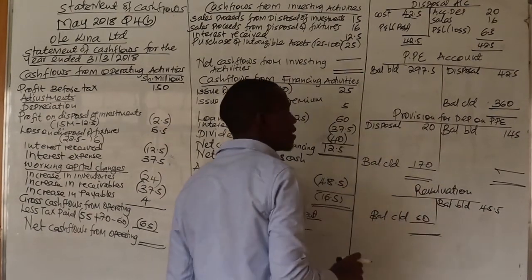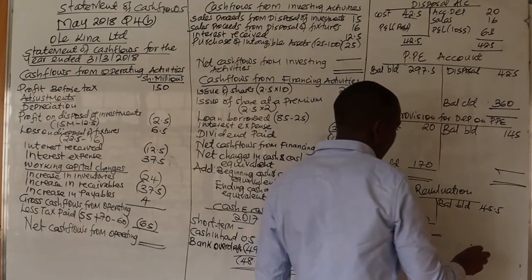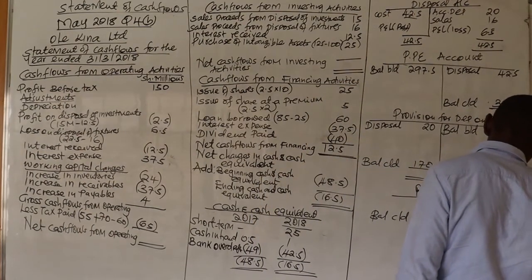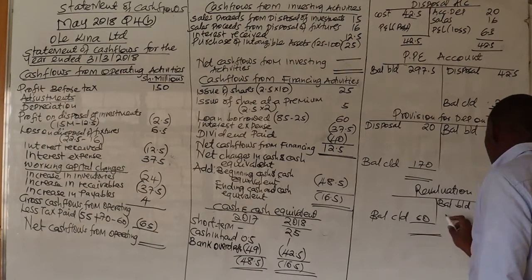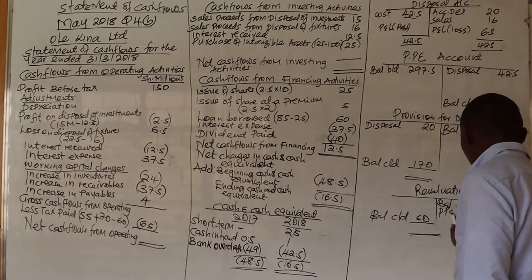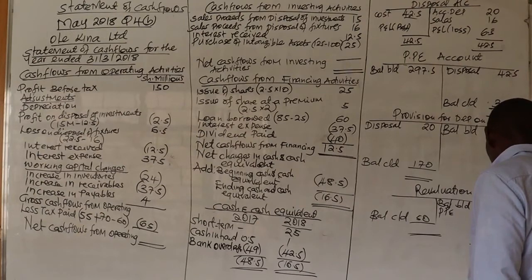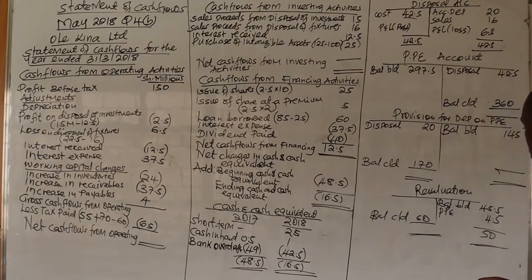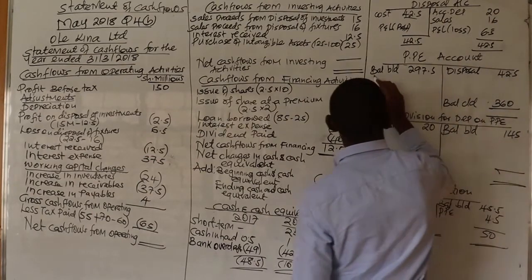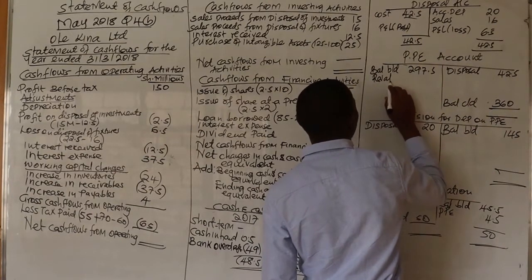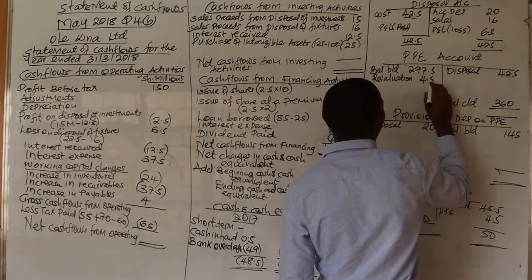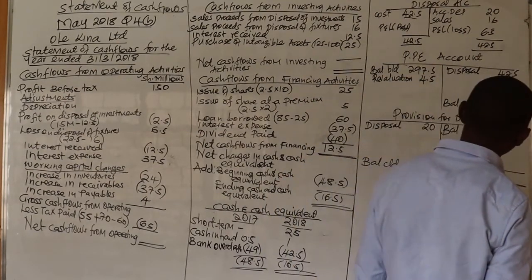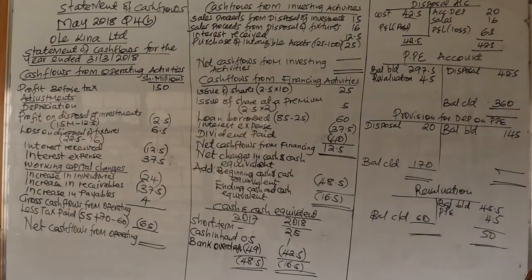There was an asset that was revalued, and therefore, in that case, it is a PPE. So the difference in this case is as a result of PPE, which is 4.5. So you have credited the revaluation. So in this case, you will debit the PPE with revaluation, and the revaluation was of 4.5.